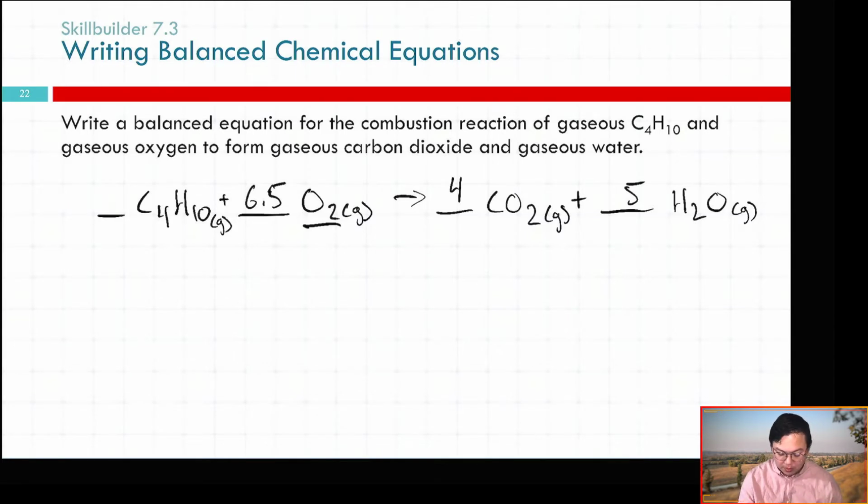And so we're going to multiply, since we have a half, we multiply by 2. And so we're going to get 2 C4H10. We're going to have 13 O2. We're going to have 8 CO2, and we're going to have 10 H2Os.